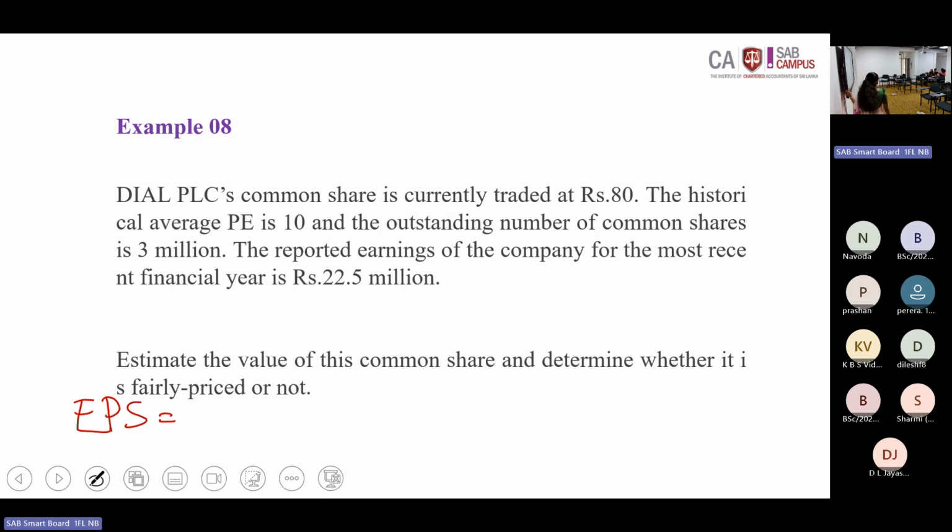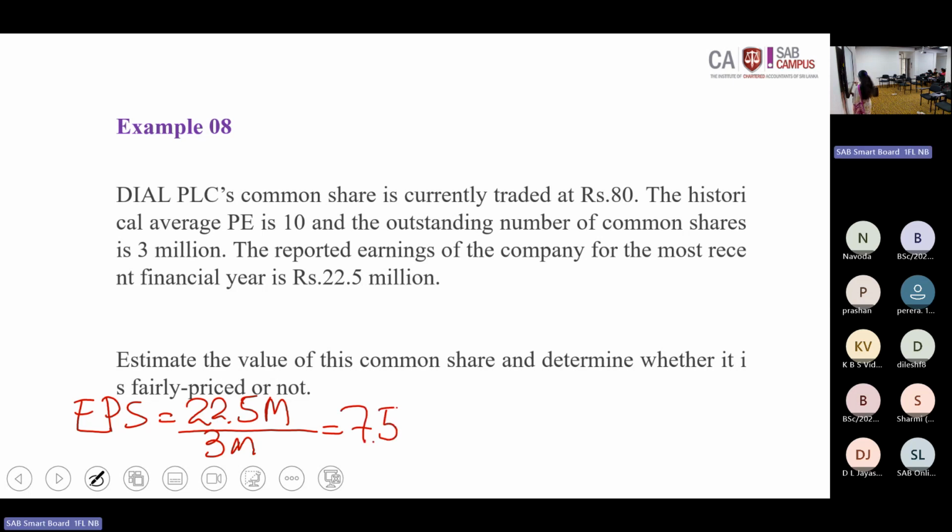EPS equals 22.5 million divided by 3 million. That equals 7.5.